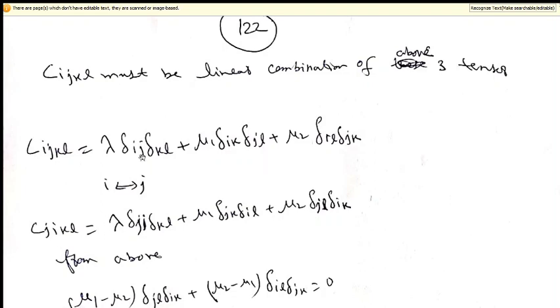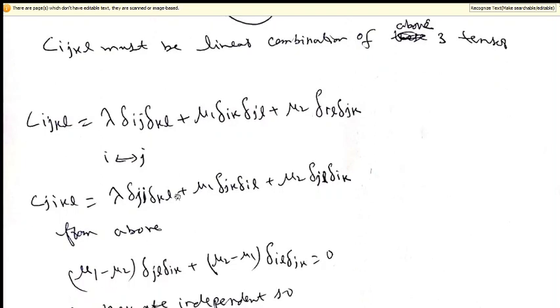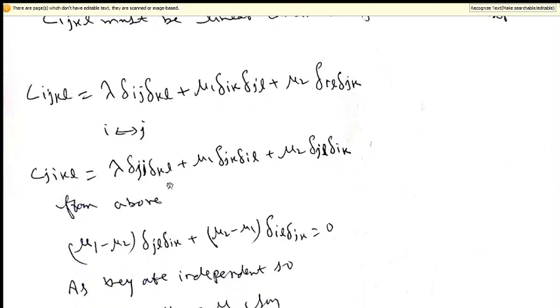Cjikl will be equal to Cijkl. Here it will be mu1 delta jk delta il plus mu2 delta jl delta ik. These are the same as the left hand side because of the symmetry of C in the first pair. It means the right hand side will also be equal.